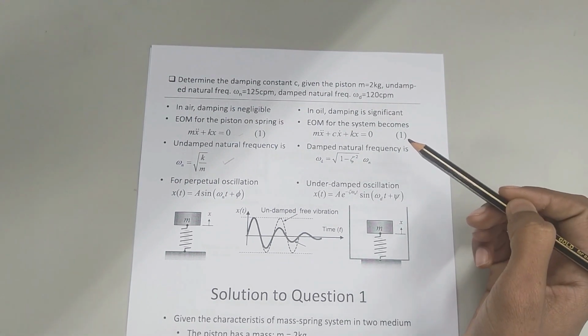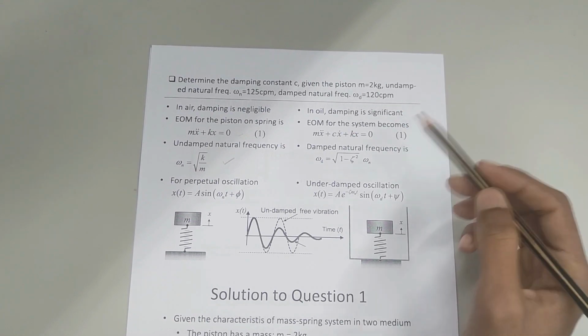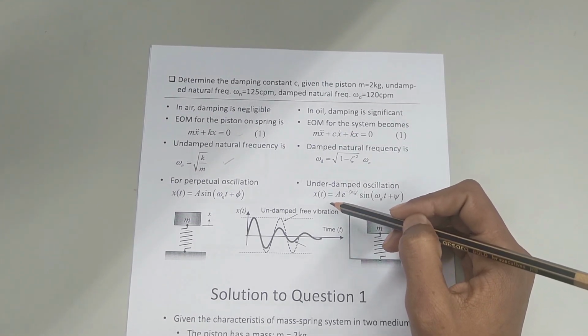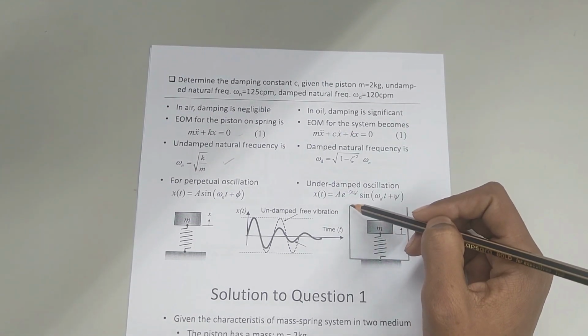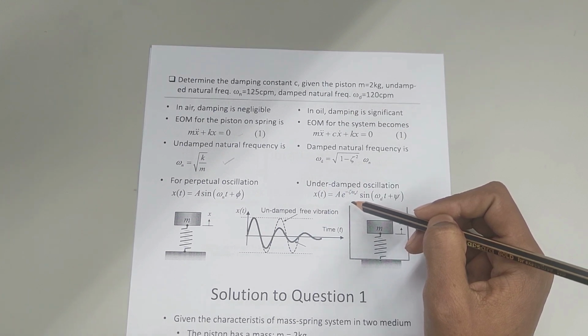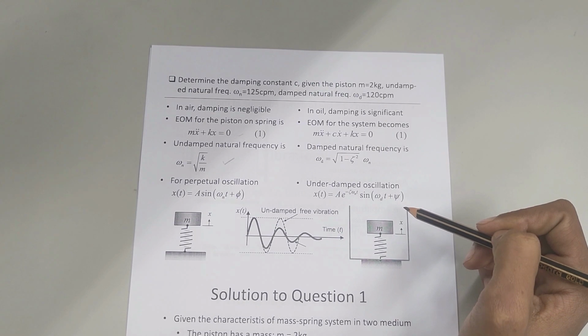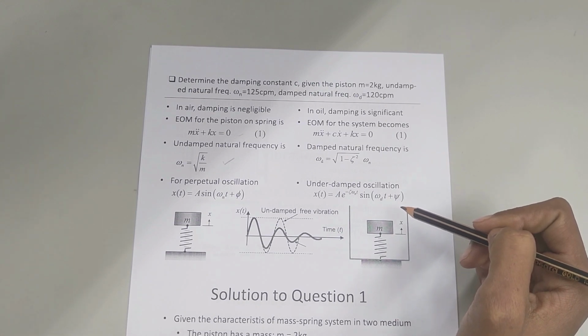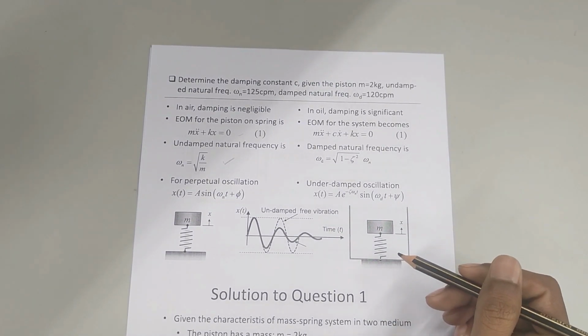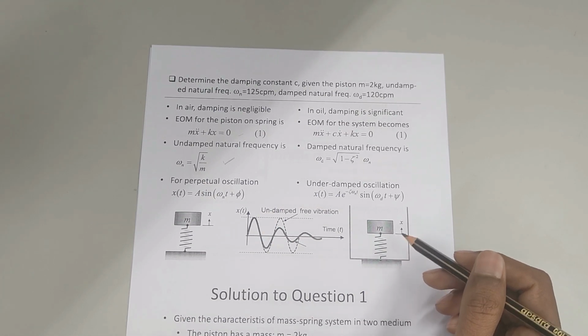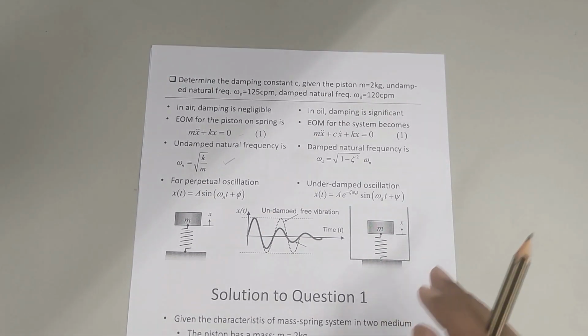For any underdamped oscillation, the solution is x of t equal to A e to the power minus xi omega n t sine of omega d t plus phi.